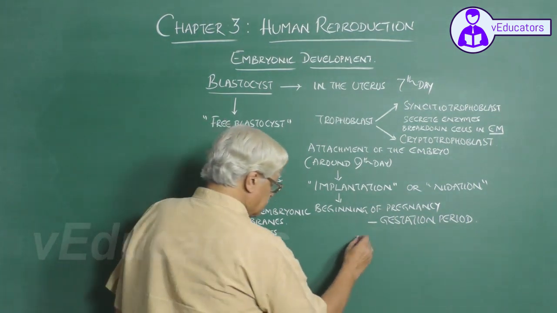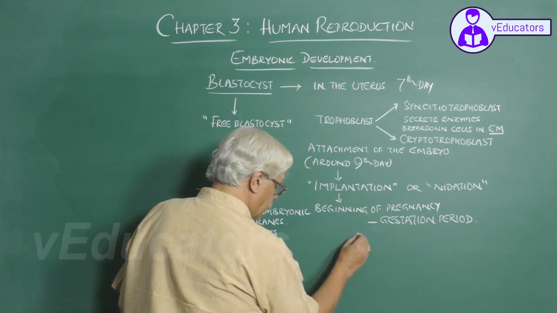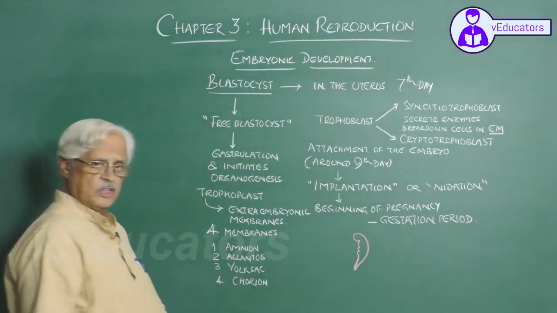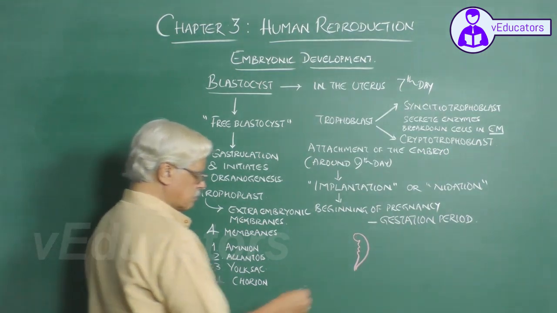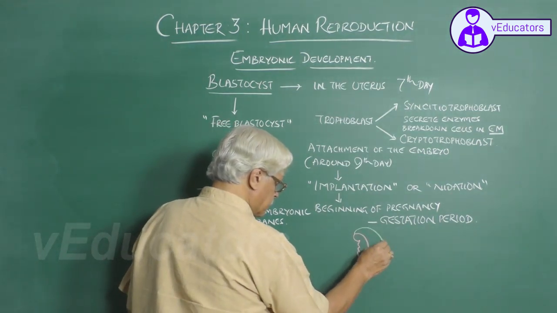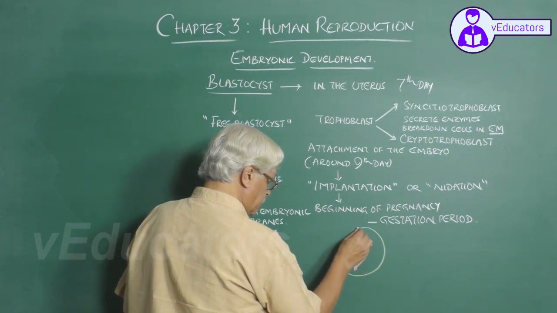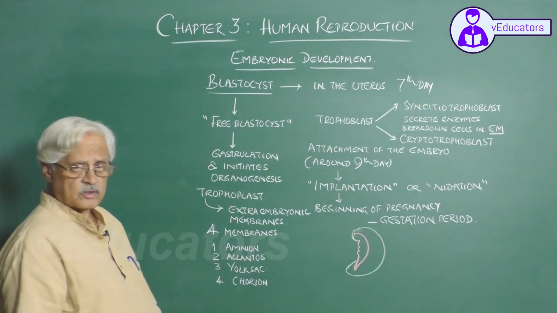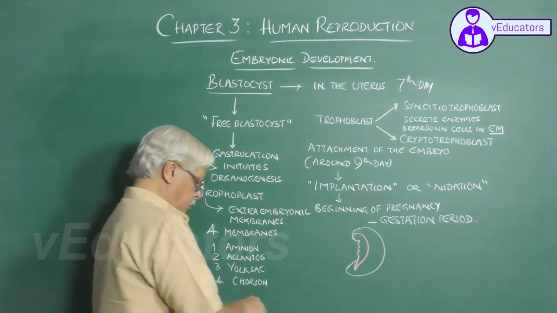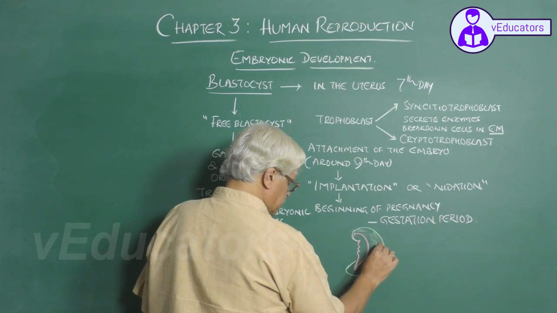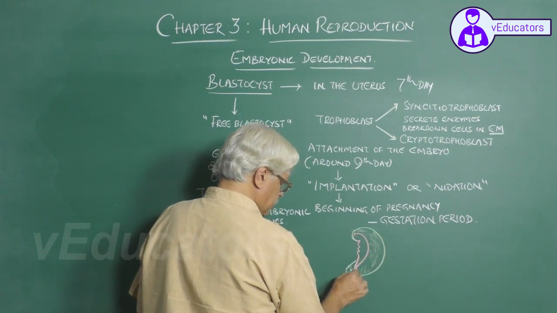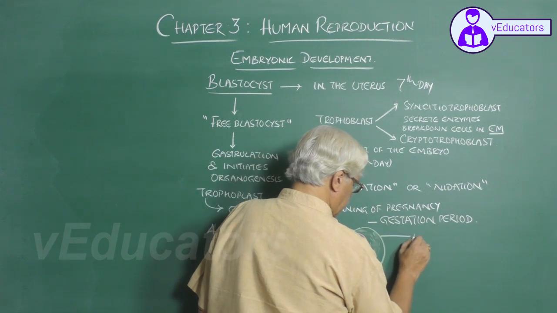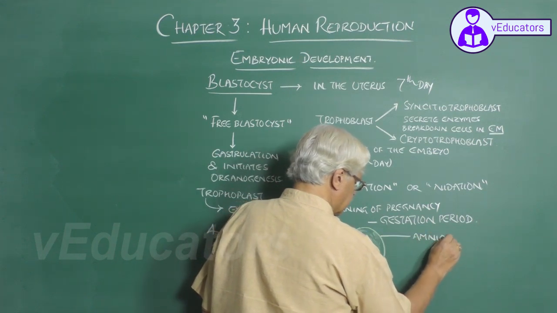Suppose this is the embryo. One membrane develops on the dorsal side of the embryo, covering the entire dorsal surface of the embryo, and as it develops, it becomes filled with a watery fluid. This membrane is called amnion.